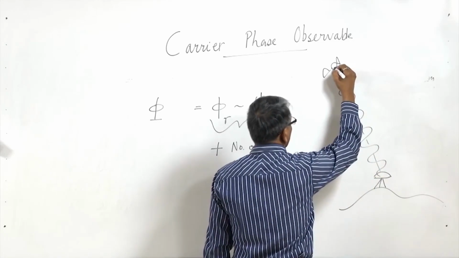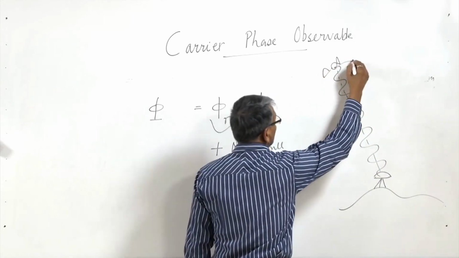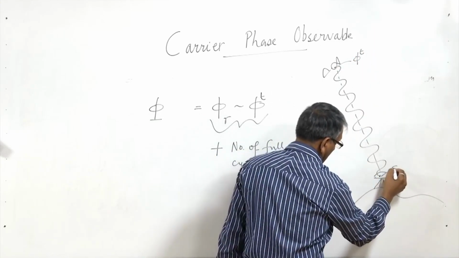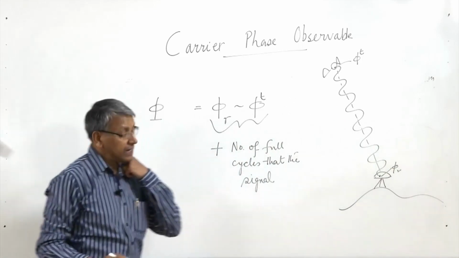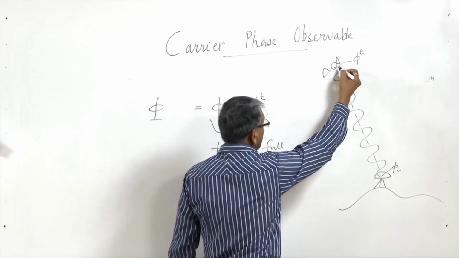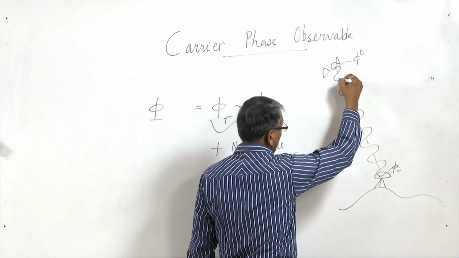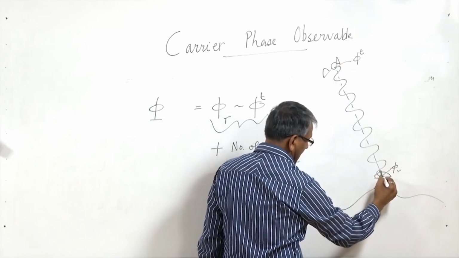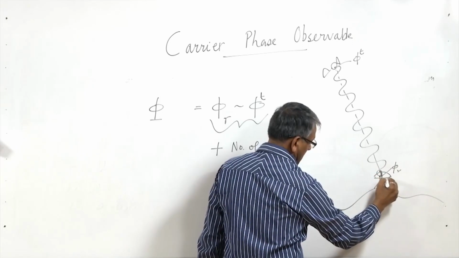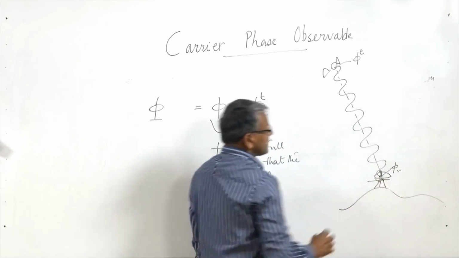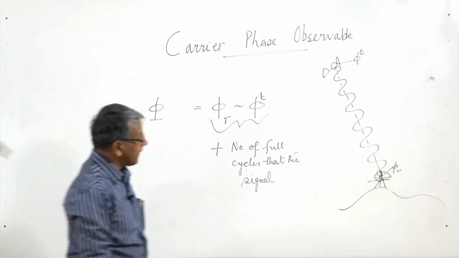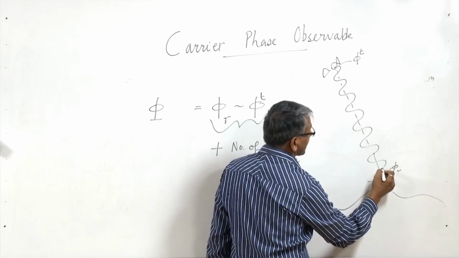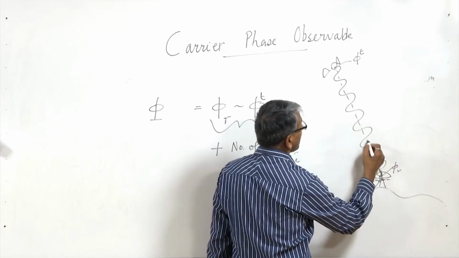So we can see that is a phase transmission and the phase reception, but in between these two phases there will be, suppose this is the, now I can see here that is the difference between the transmission and reception, but apart from that there will be full numbers of cycles.